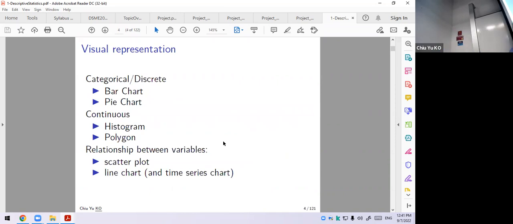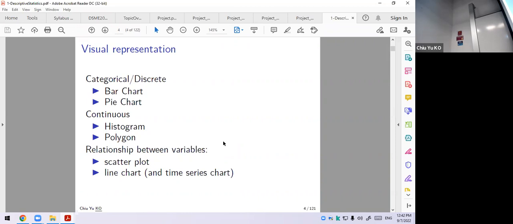So the next thing we want to talk about is the visual representation. In this class, we only cover the numerical one. The visual one we don't cover, because as I said, this is to be covered in primary school or even kindergarten. So I hope that if you don't know, check it out: how to draw a bar chart, a pie chart, a histogram, a polygon.